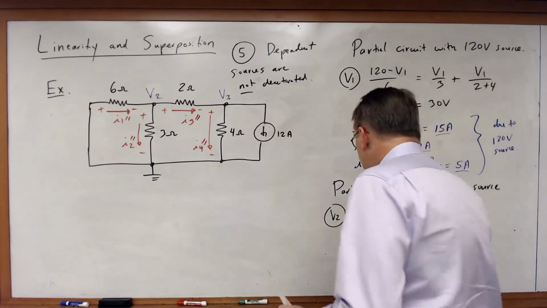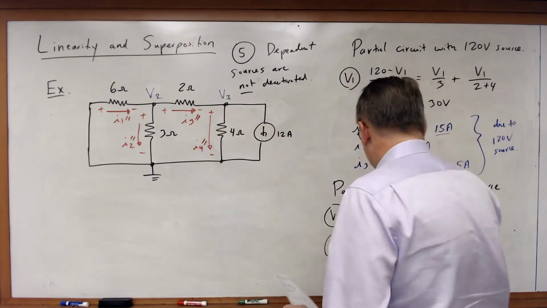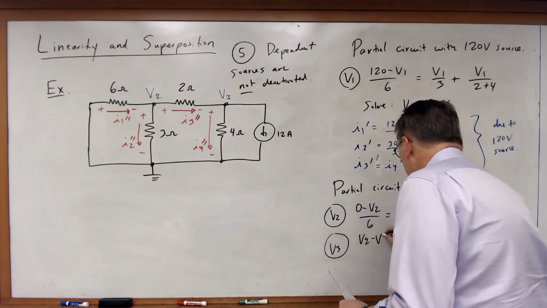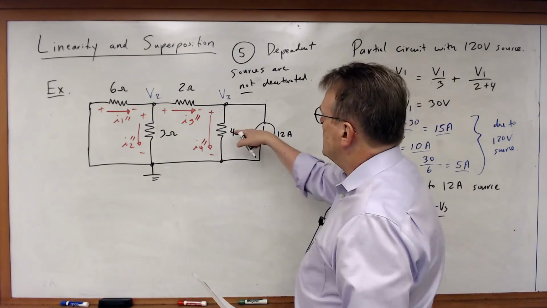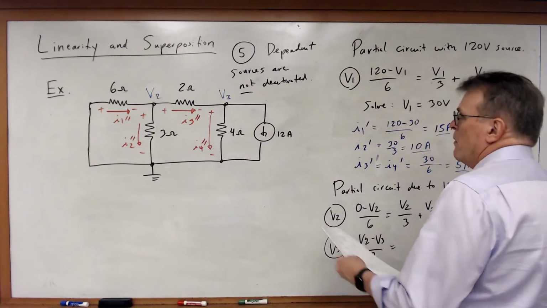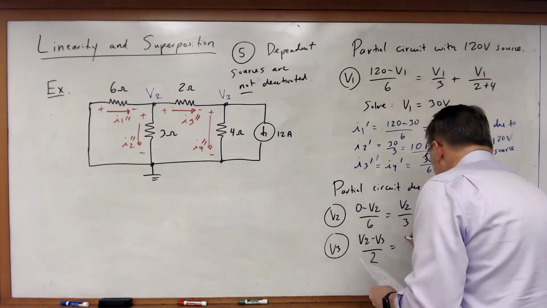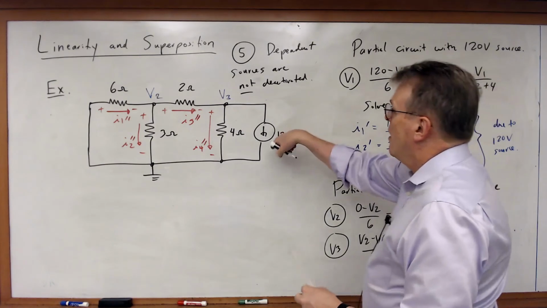For V3, I've got V2 minus V3 over 2 is equal to V3 over 4, excuse me, plus 12 amps.